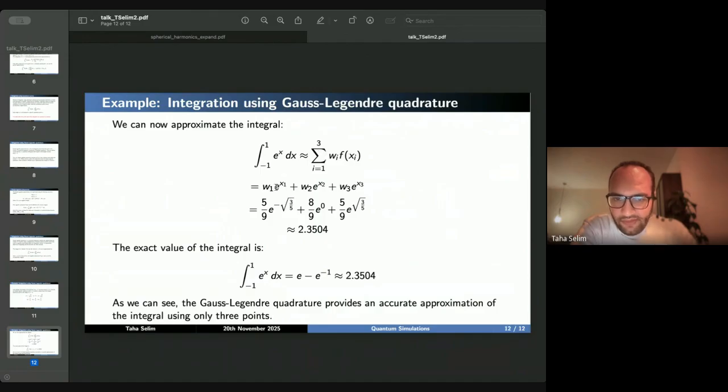So I have to evaluate the function at x1, x2, x3 times the weights. If I do this times the weight, then I get 2.3504. And the exact value of this is actually 2.3504. So you see, with 3 points only, we got almost the exact value.